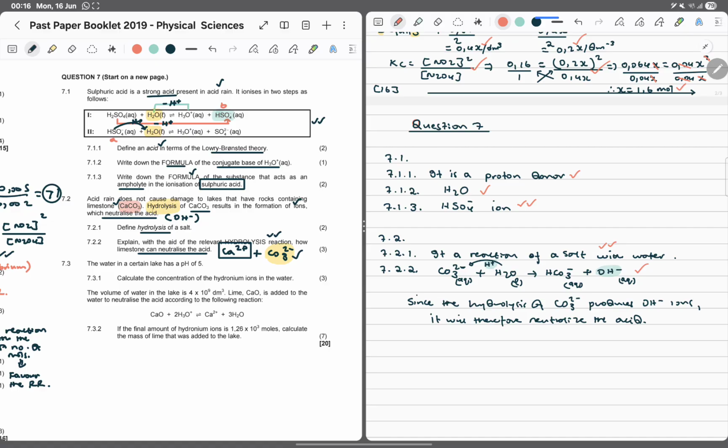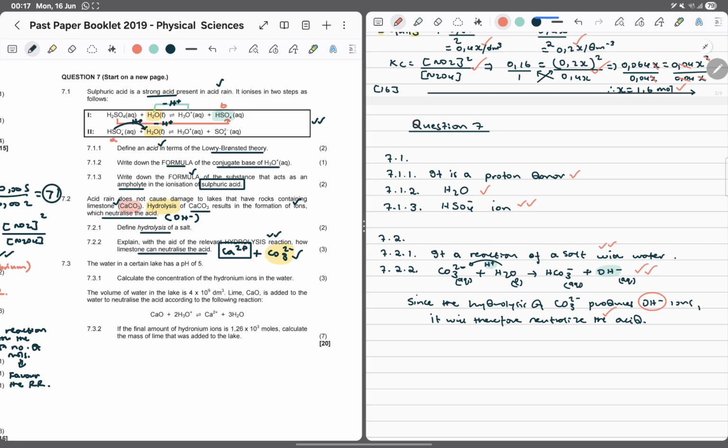So now we gave the explanation that the presence of these ions will be the only way we can neutralize an acid. So how many marks here? 3 marks. Wow. I thought it was going to be 2. So this means this equation, and perhaps balanced as well, should be 2 marks.